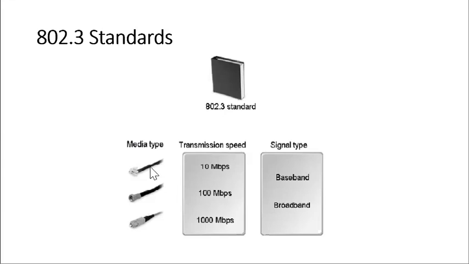If it is twisted pair cable, either UTP or STP, then the speed should be 10 Mbps or 100 Mbps, and then what should be the signal type? Is it baseband or should it be broadband? If it is coaxial cable or fiber optic cable, what should be the transmission speed? 100 Mbps, 1000 Mbps.